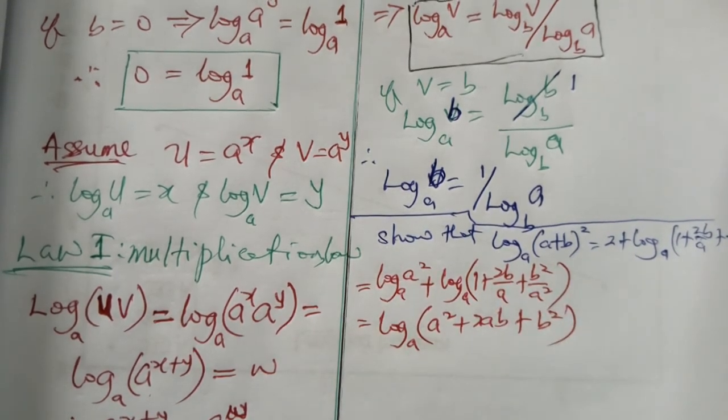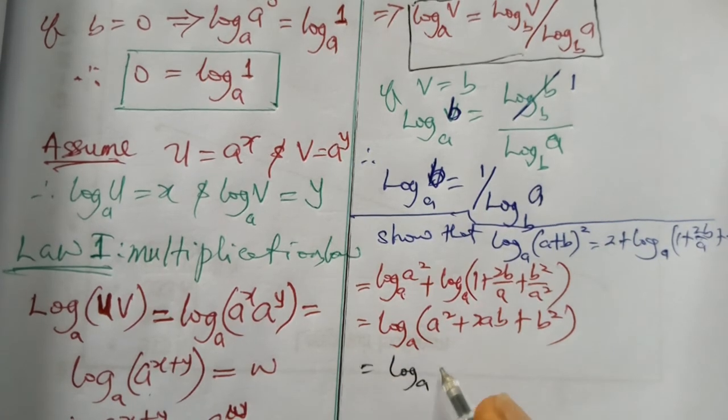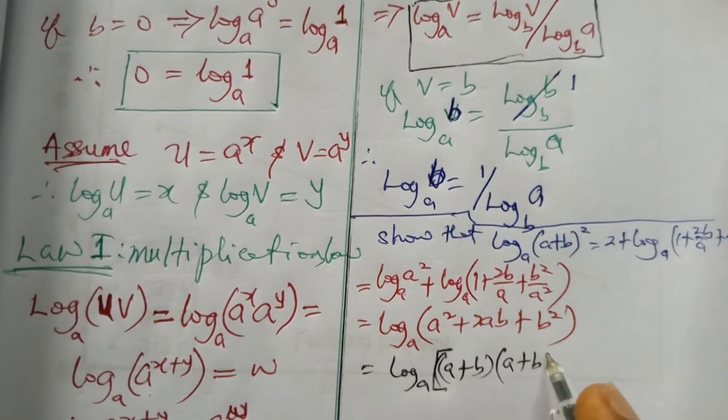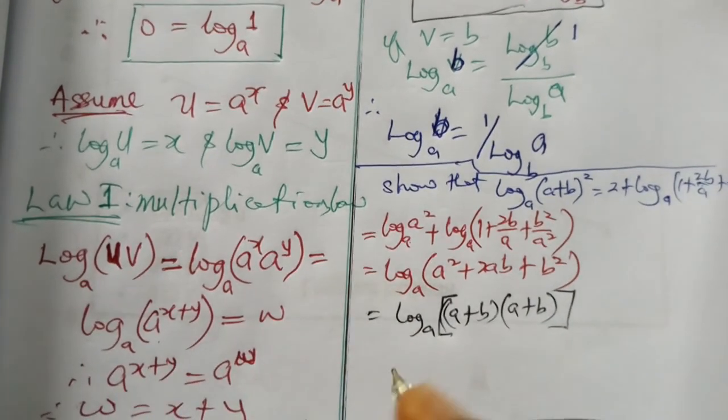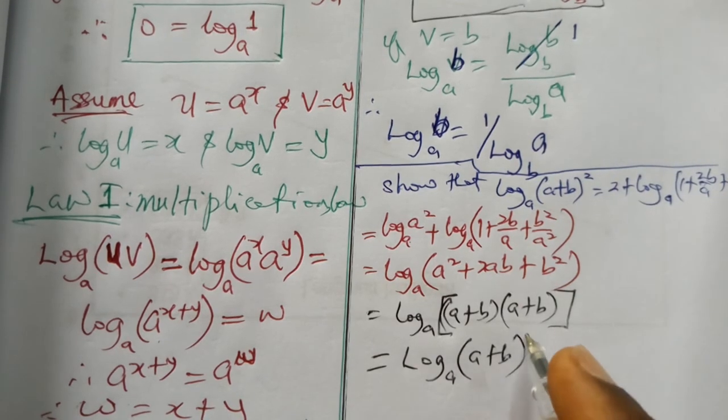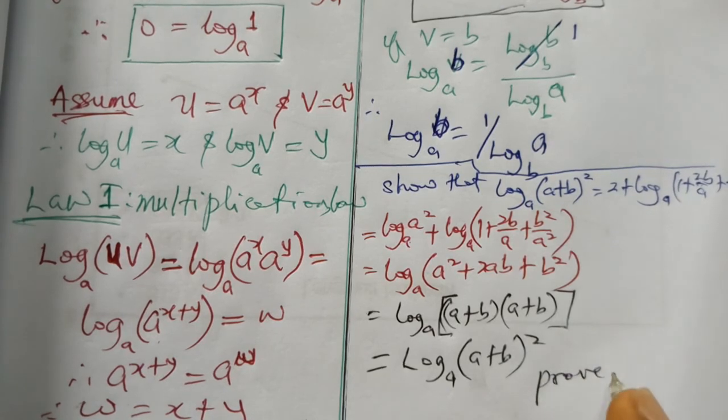And you find out that if we factorize this, we will have log a into a plus b and a plus b. That is exactly what is on the left hand side, log a plus b all squared base a. So we have proven it.